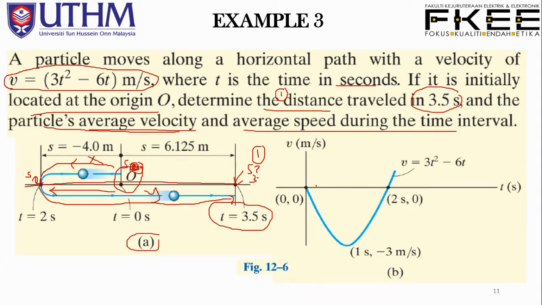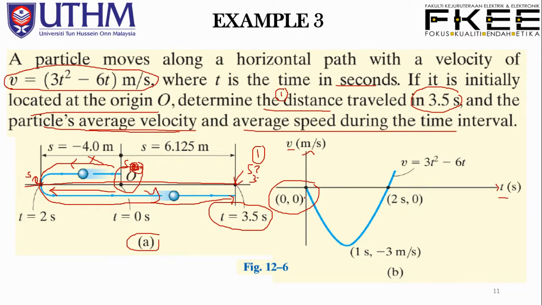The origin starts from 0, 0, the y-axis represents v, the speed, and the x-axis represents t, the time. What we can understand from here is it starts from 0, and then becomes minus 3 meters per second.